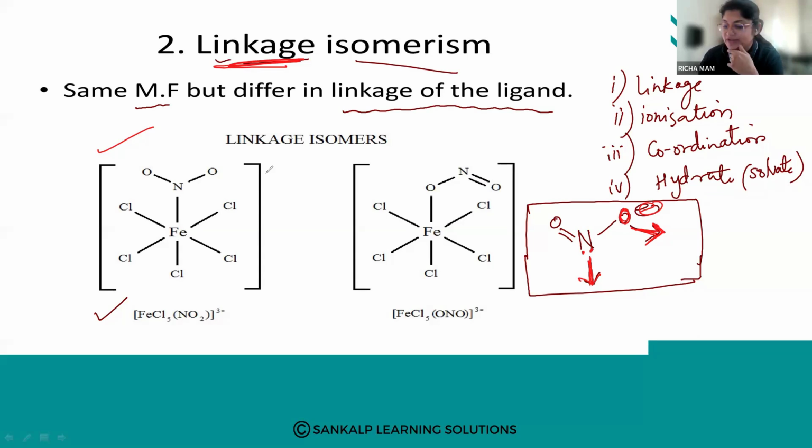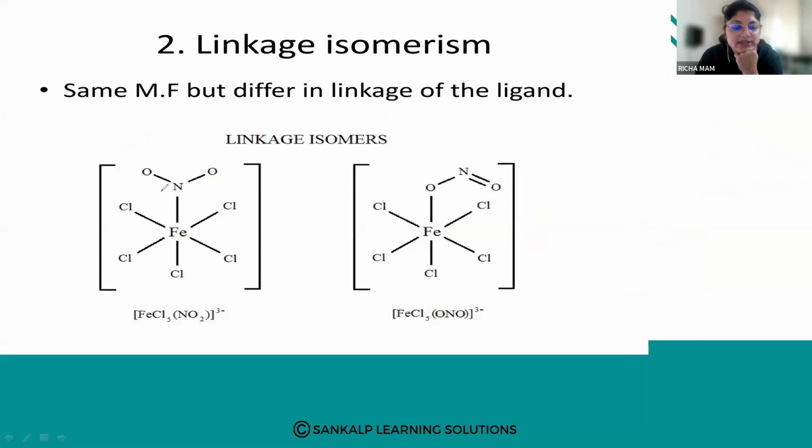In the example here, the nitrogen atom has linked, and here the oxygen atom has linked. So the mode of attachment of the ligand to the central metal atom is different. Okay, fine. So this is clear.